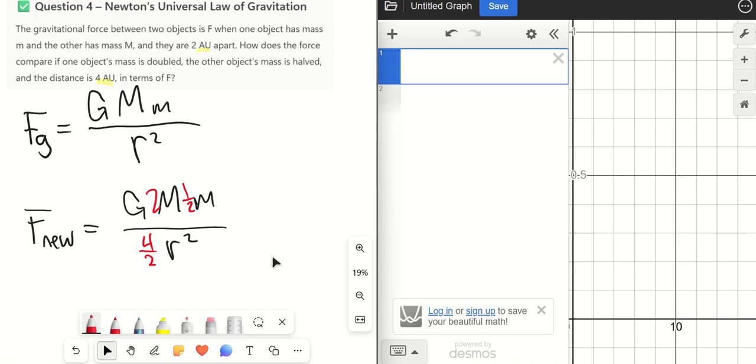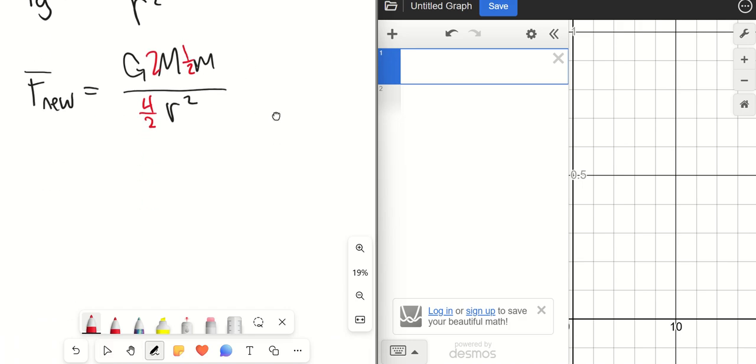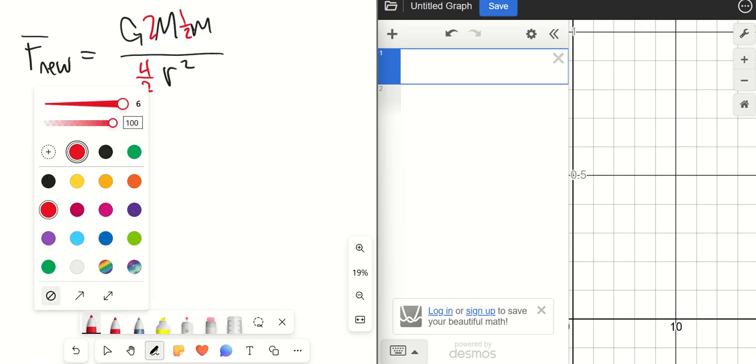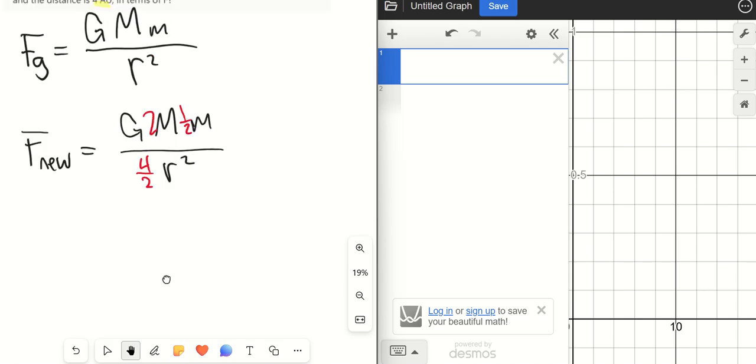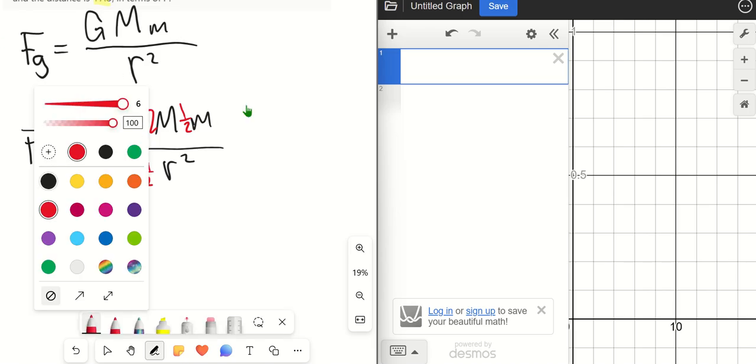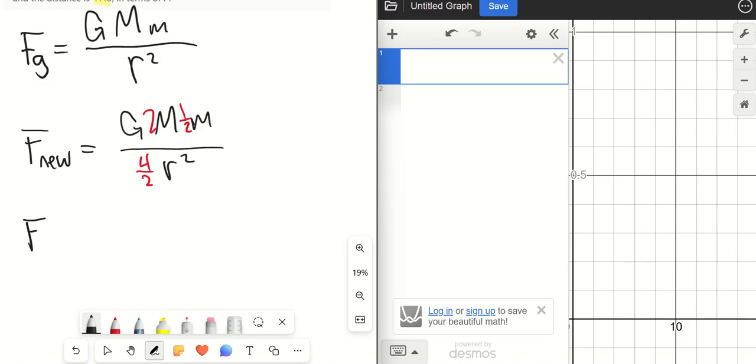Everything I just wrote in red, I'm going to pull to the outside. Okay, so my new force, actually let me keep that other part in so you can see it. So remember, anytime I see G M m over r squared by itself, that's just my original force. Okay, so my new force is equal to everything I have in red.